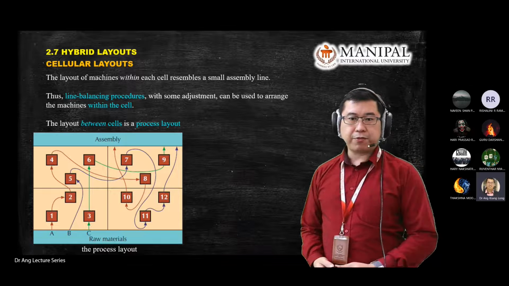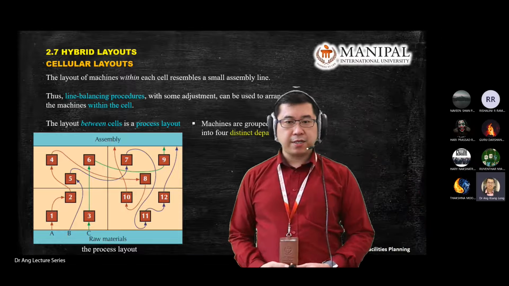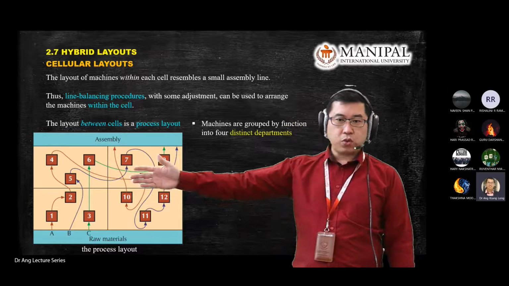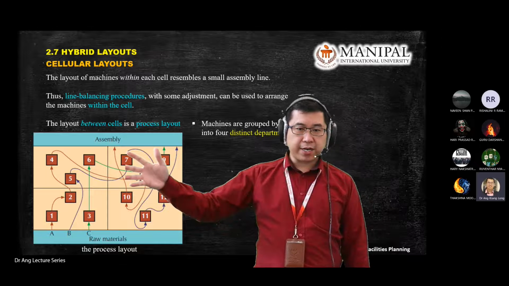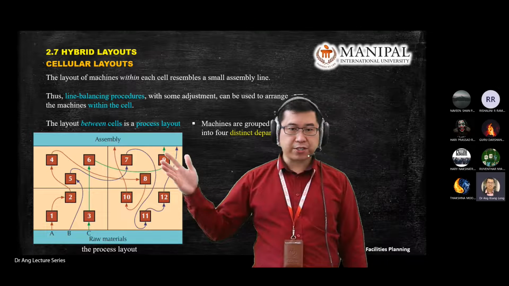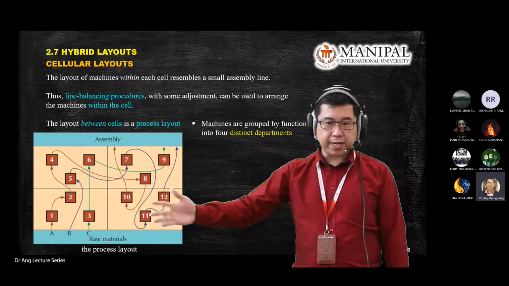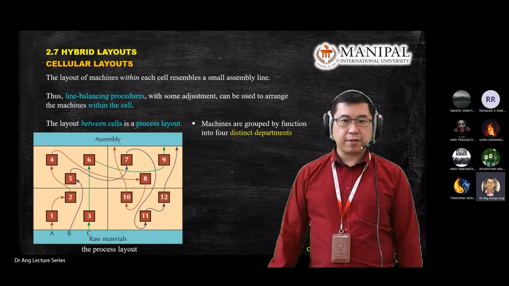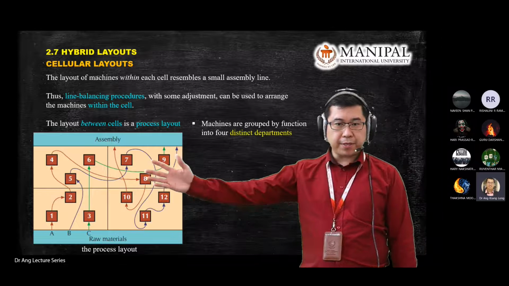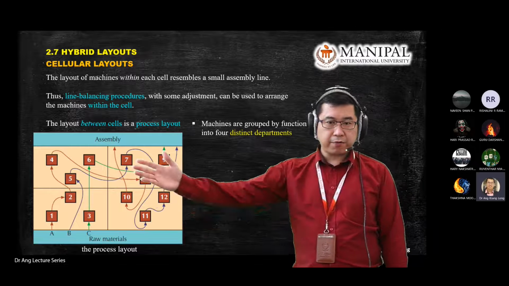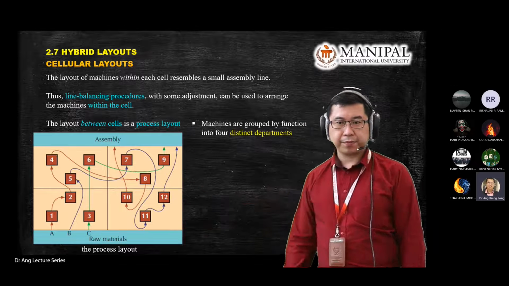If you study the diagram carefully, this factory has divided the production floor into 4 sections or 4 departments in the middle: raw material, 4 departments, and then assembly.